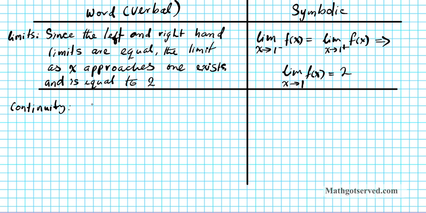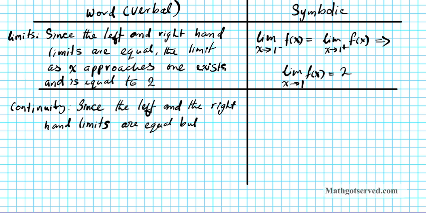So I will say here that since the left and right hand limits are equal but not equal to the value of the function, we automatically know that jump and infinite discontinuity are out the door.